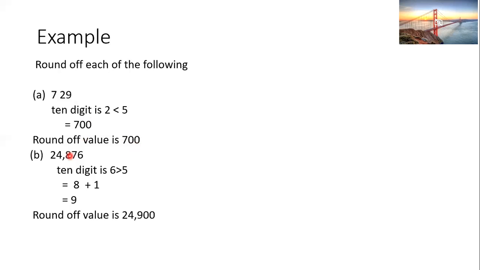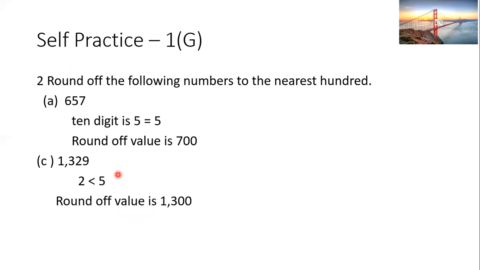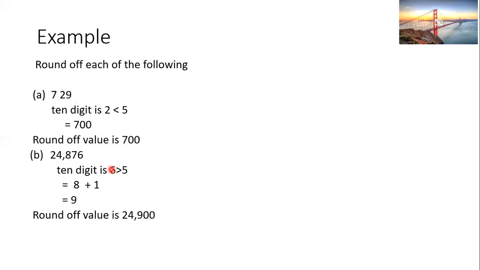The second one, 24,876. So you have to see the 10-digit. What's the 10-digit value? Sorry, 7.